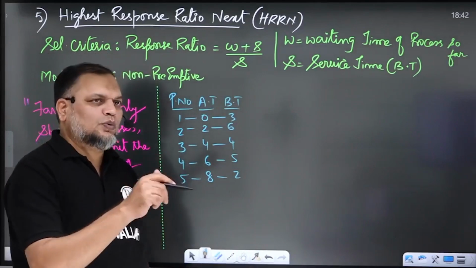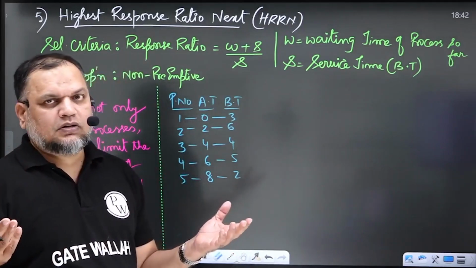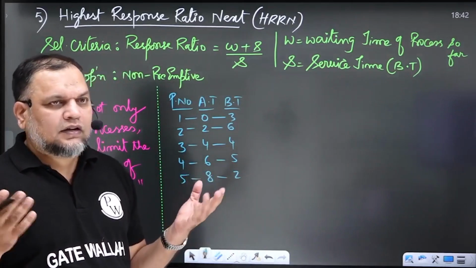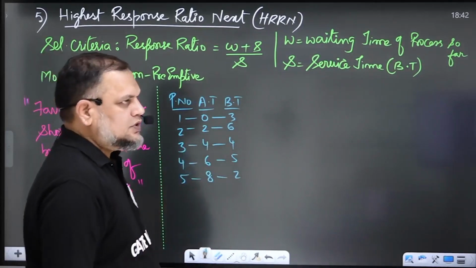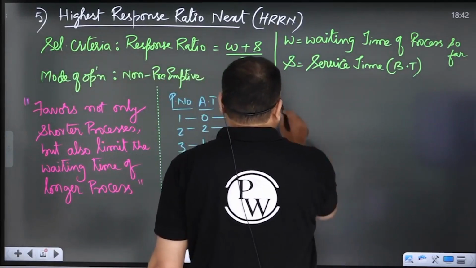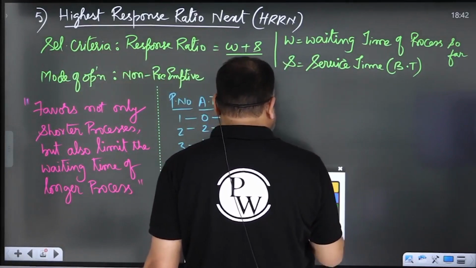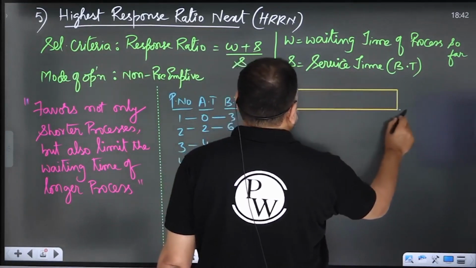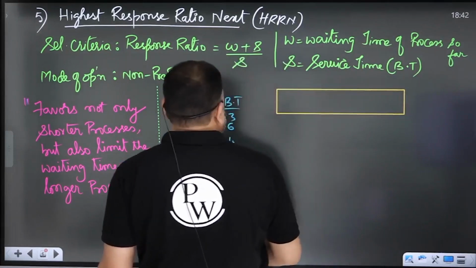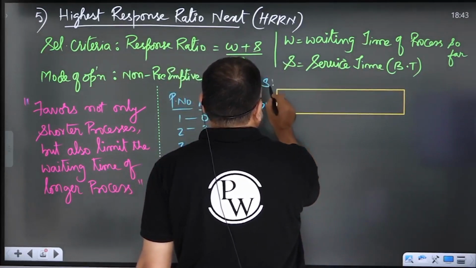Then I will show you where exactly starvation is happening, and how that starvation is to a certain extent arrested by using HRRN. So let's prepare the Gantt chart. First I will do it for SJF, see on board. So this is the Gantt chart for SJF.